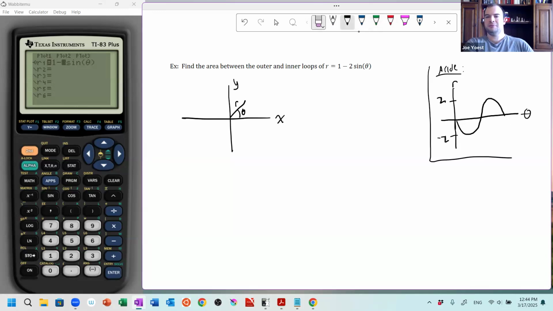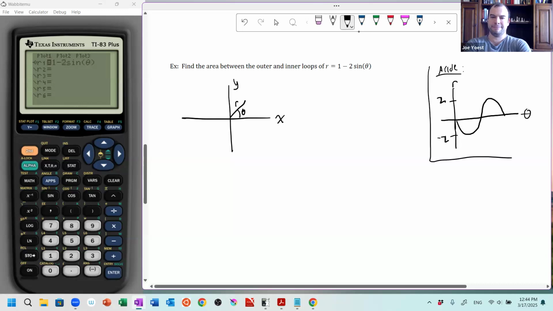Overshot a little there. There we go. And what's 1 minus 2 sine theta? That's negative 2 sine theta plus 1. So we're just shifting this whole thing up 1.